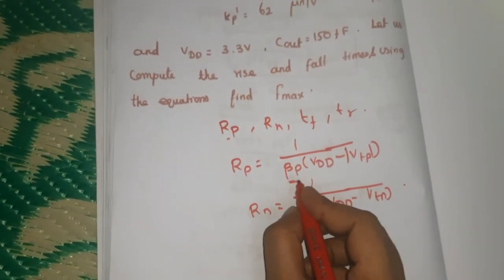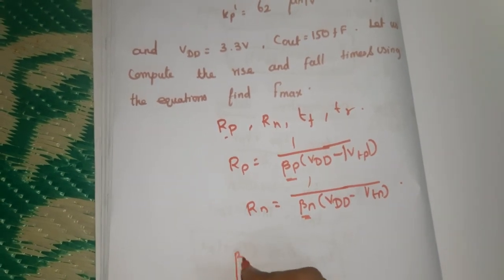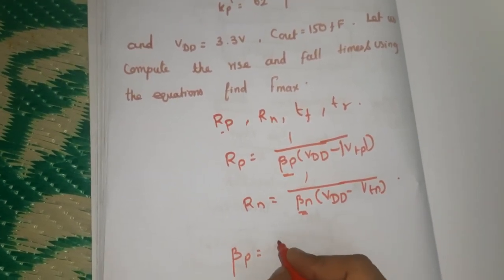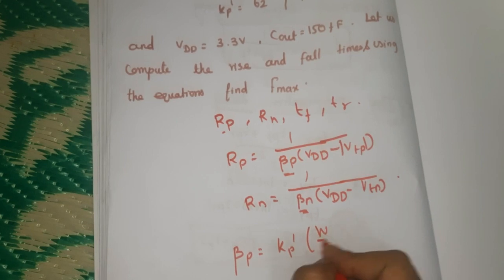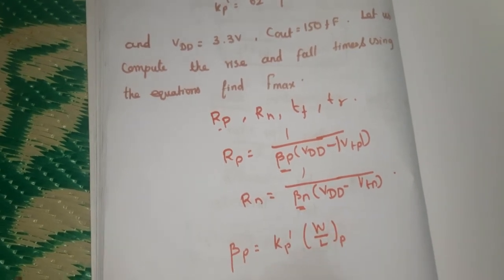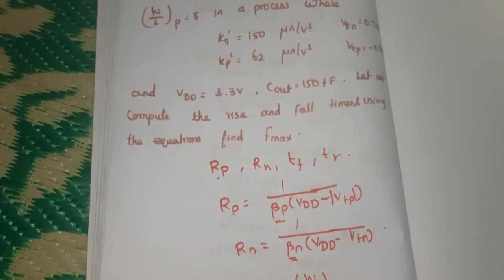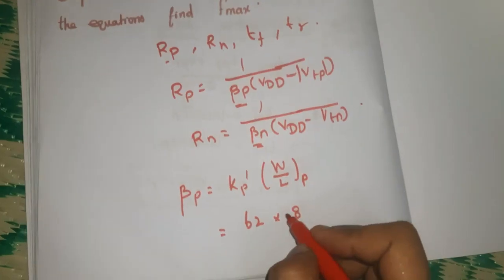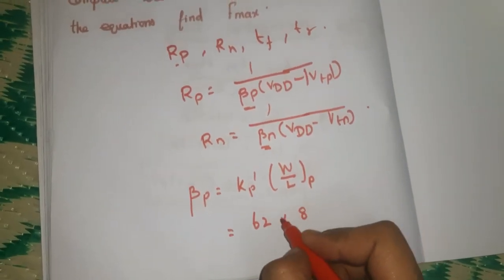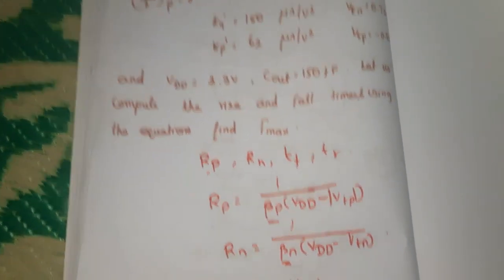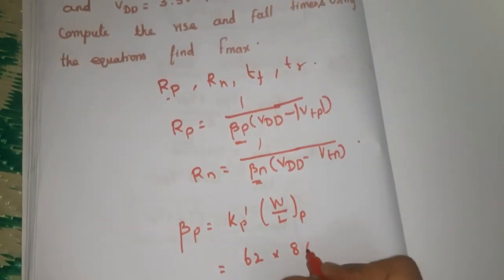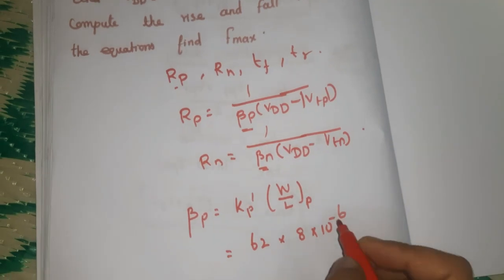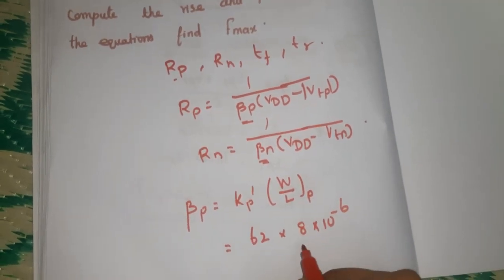So first we have to find beta P and beta n. Beta P is equal to Kp dash into W by Lp. Here Kp is 62 and W by Lp is 8. So beta P is equal to 62 microamps, so this is 62 into 10 to the power minus 6, and this W by L is equal to 8.